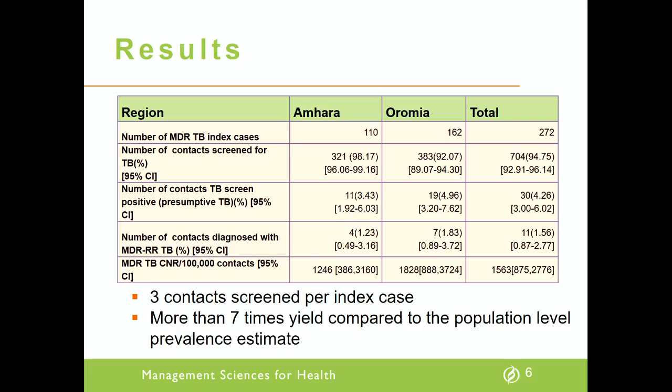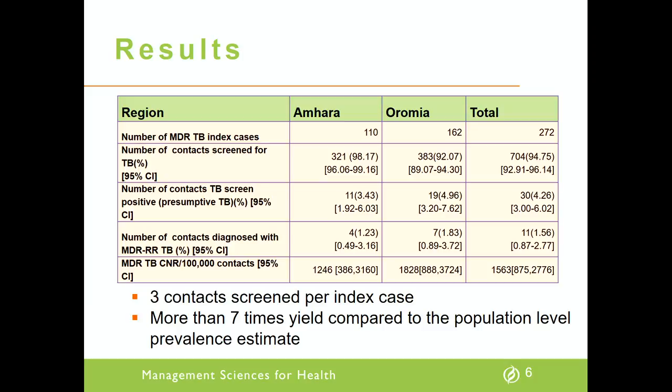When you come to the results, during that specified time period, in the 2 regions, we had around 272 MDR-TB index cases who had around 704 contacts, and 30 of them were presumptive TB.